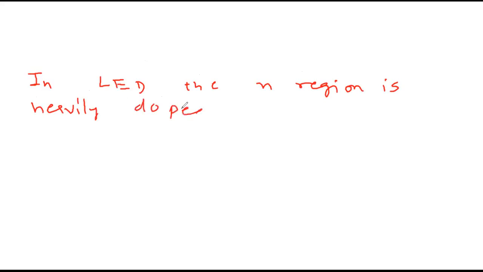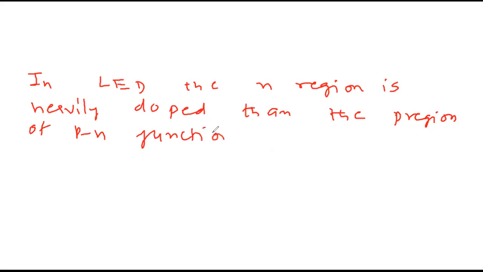The N region is heavily doped. Then the P region of the PN junction.